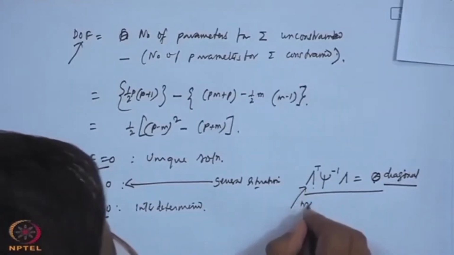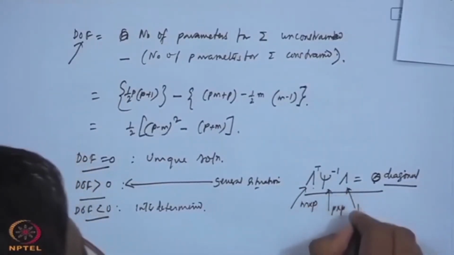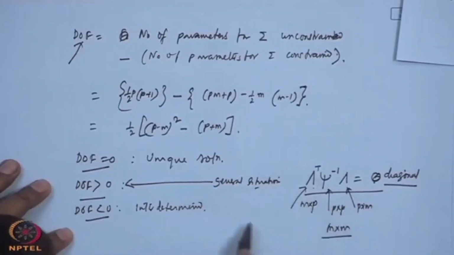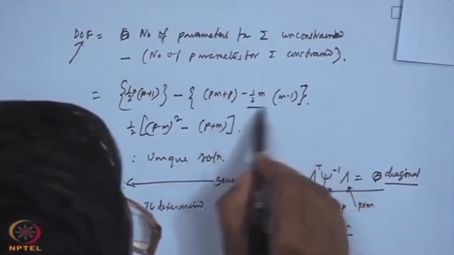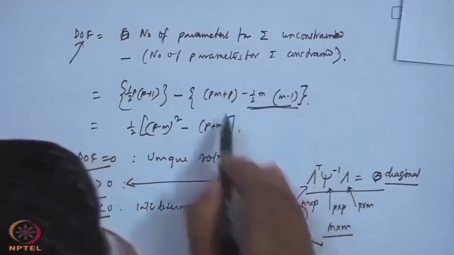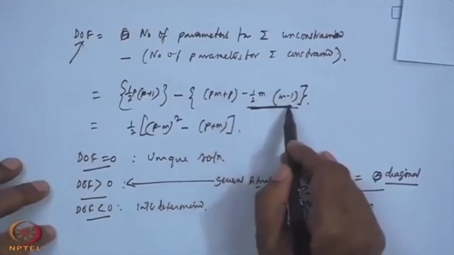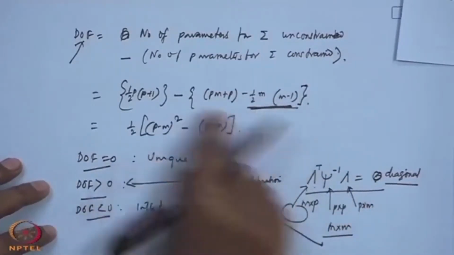This one is m cross p, this is p cross p, this one is p cross m, so the resultant will be m cross m. Ultimately, the m diagonal elements will be there, and the off-diagonal elements will become 0. As a result, this is the number of parameters you are relaxing, basically fixing to 0.